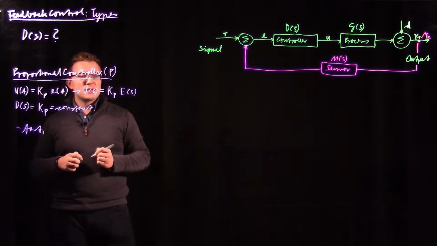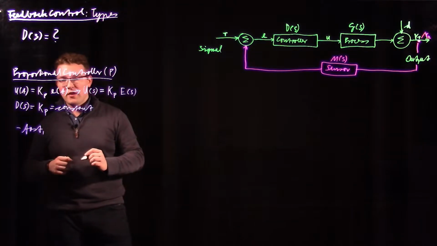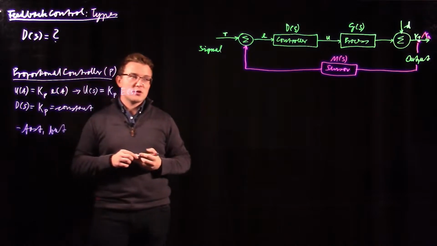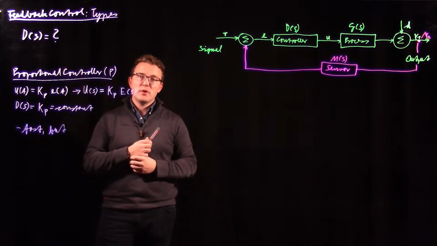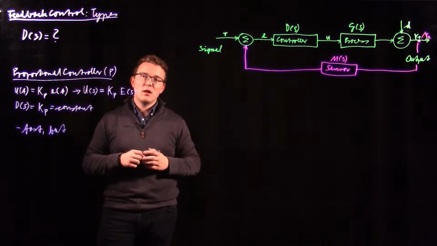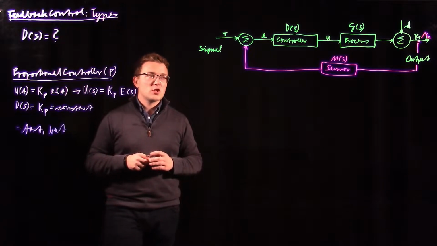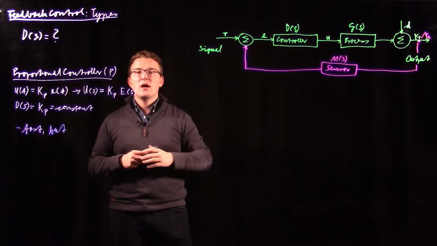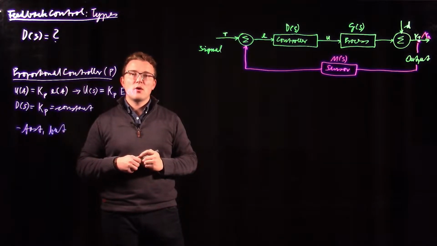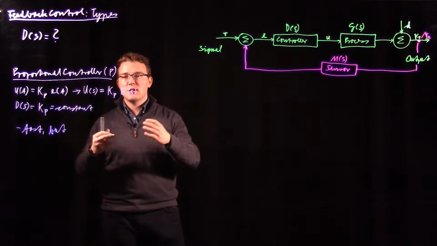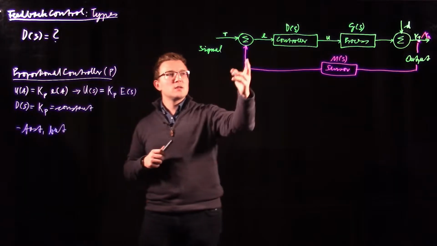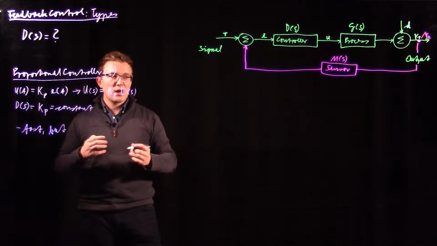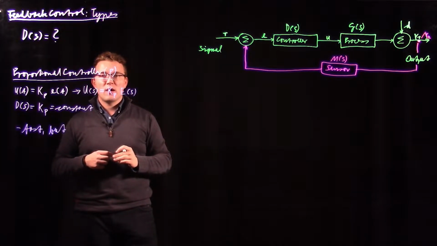So we can note that it is fast, but on the other hand it also has some disadvantages, because it can't keep our output signal at our desired value. If we just have a proportional controller and we want to reach a value of, let's say, 10, it is not possible with this controller, because just a proportional relationship between the input and the output of the controller is not sufficient to realize a stable output level.